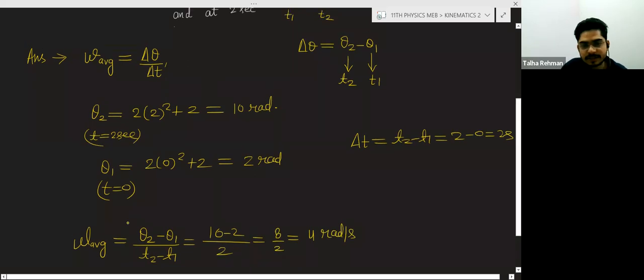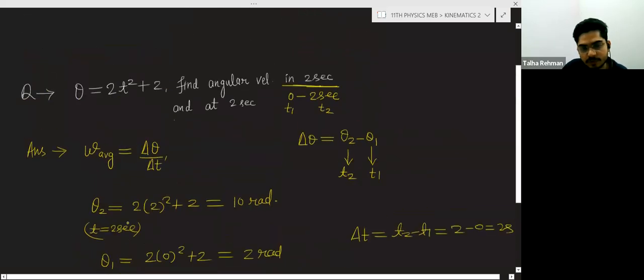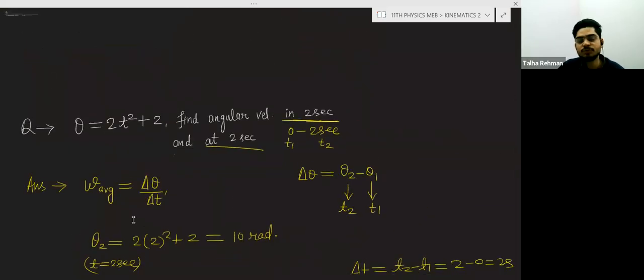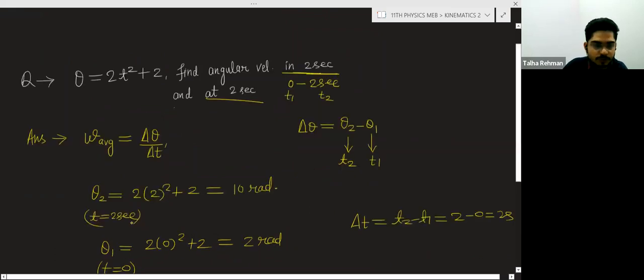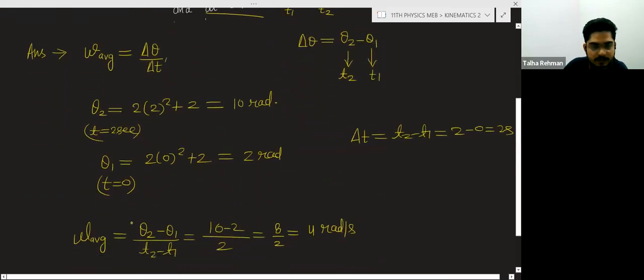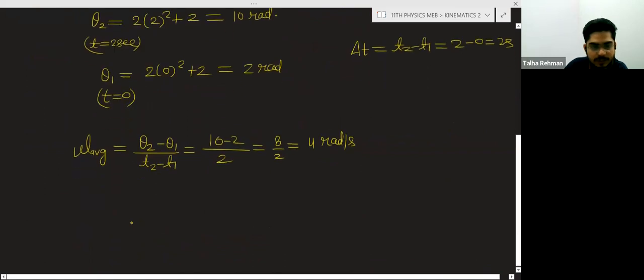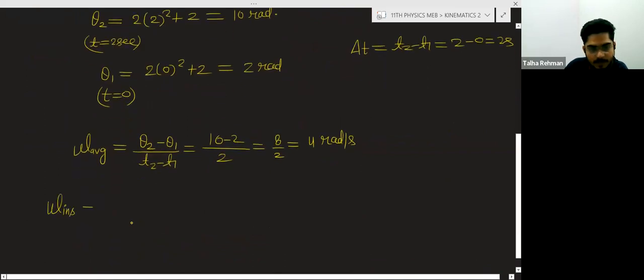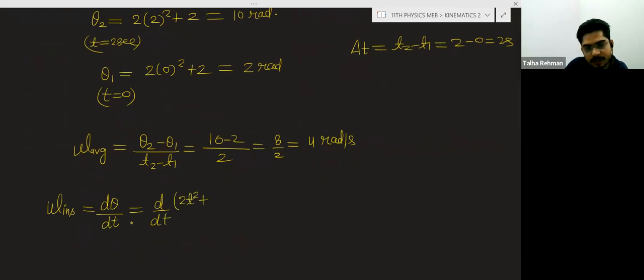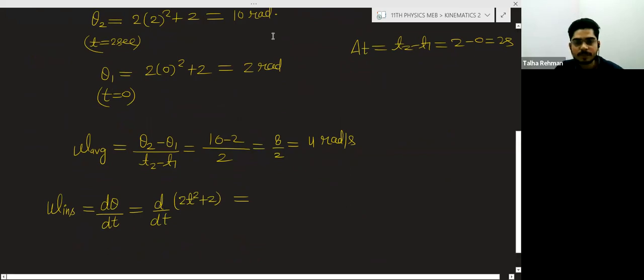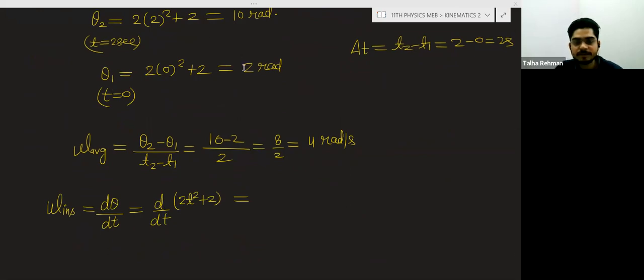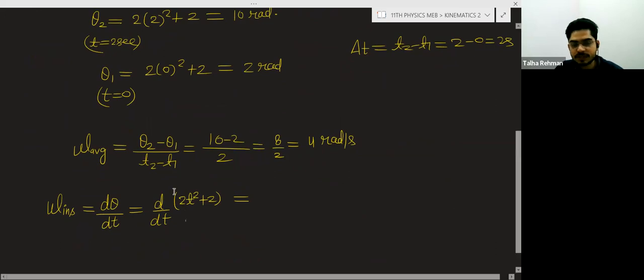In the next part, they are asking at t equal to 2 seconds. So basically, here you have to find instantaneous angular velocity, d theta by dt. So you can write d theta by dt, and theta is 2t square plus 2. Can you do the differentiation? Hiva and Divyangi, can you do this differentiation?